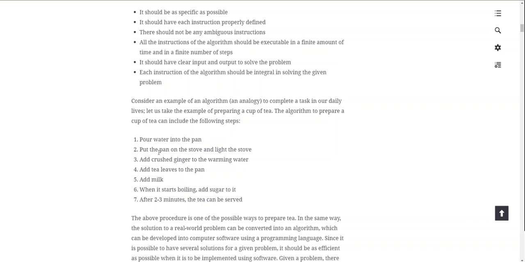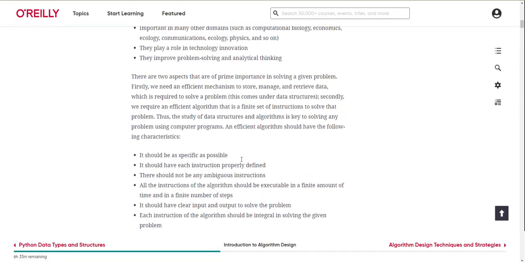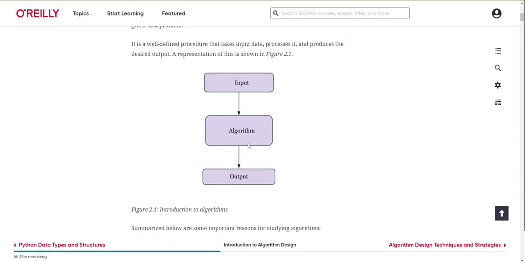Pour water in the pan, put the pan on the stove, light the stove, step by step all the way through, and that's the stuff you've got to do to make your cup of tea. That's an algorithm. Ish. In a way it is. It's an overly simplified form of an algorithm, but it is a form of an algorithm.